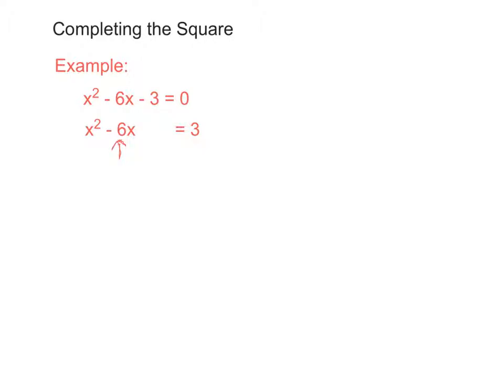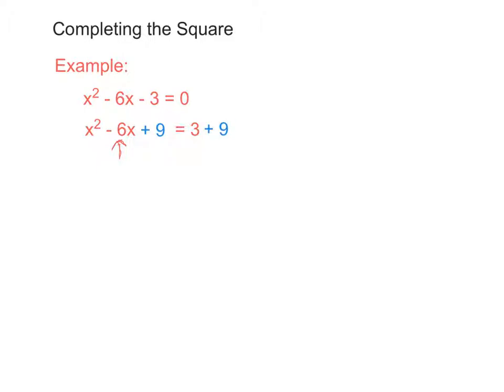I'm going to take half of 6, which is minus 3, and square it, which gives me plus 9. But if I add the plus 9 to the left of the equal sign, I must also do it to the right to keep things equal.